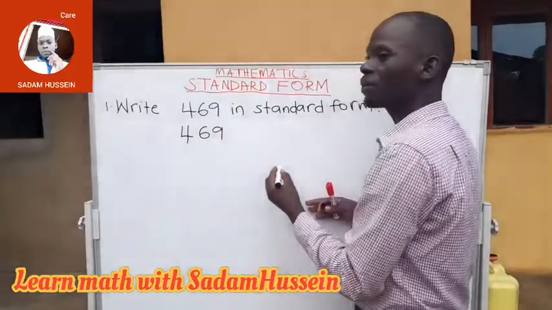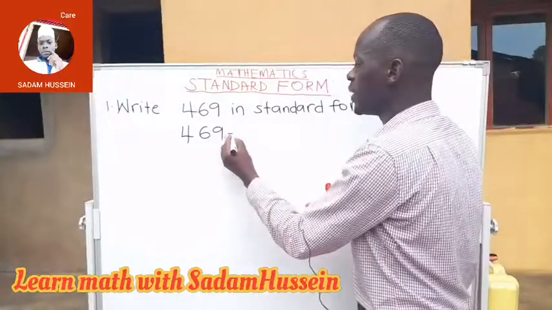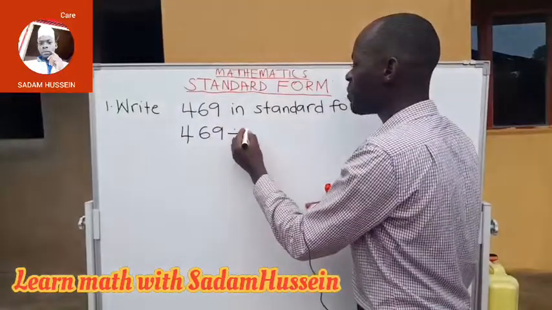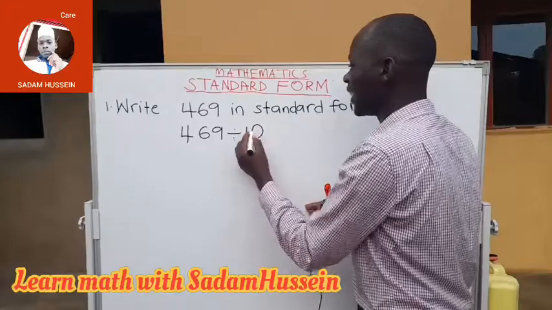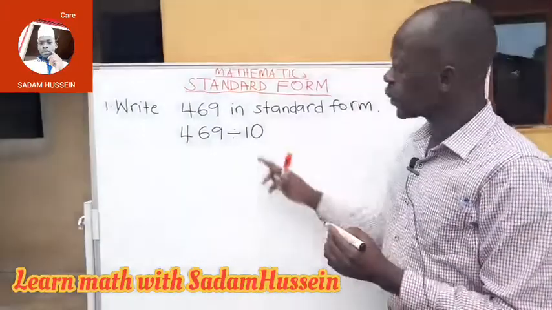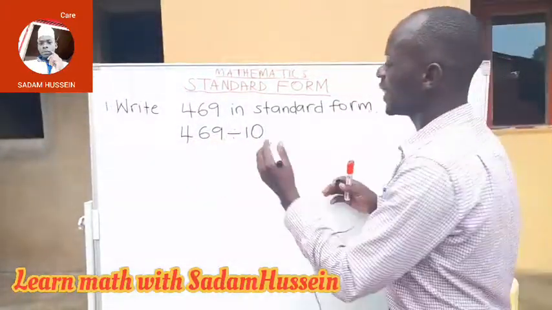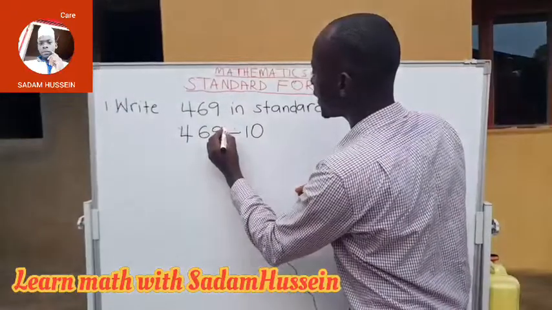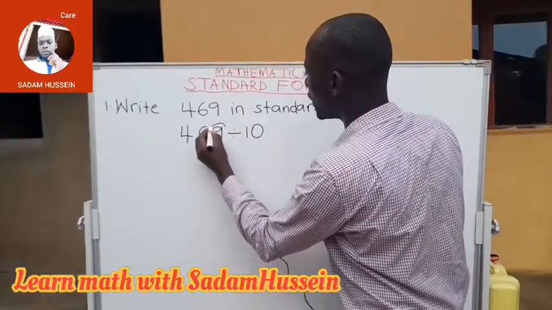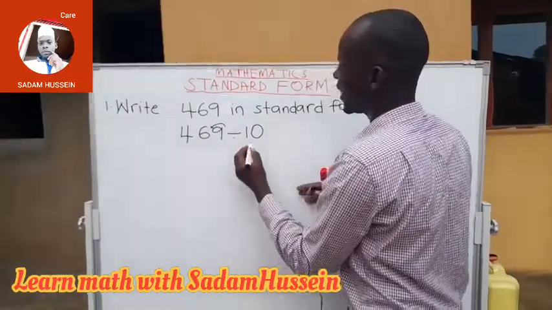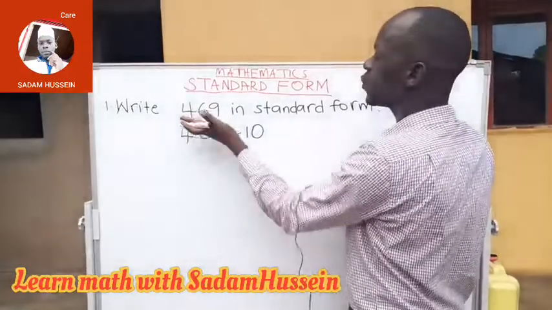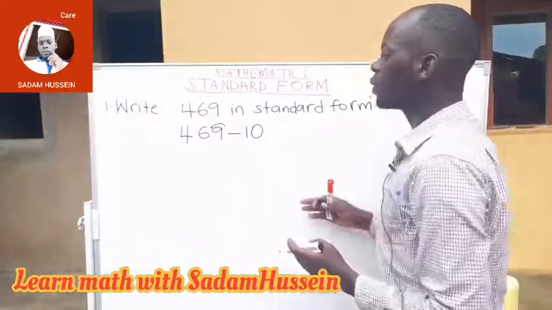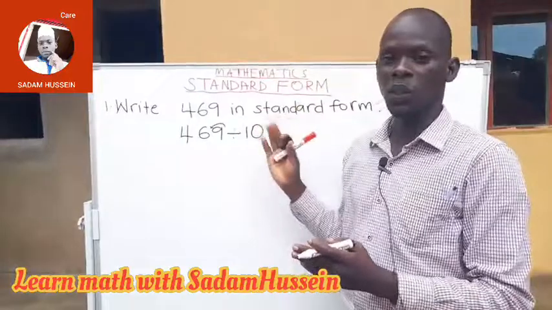We divide by 10. So when you divide 469 by 10, the decimal point will be here. Remember, if a number is a whole number, the decimal point always sits on the right-hand side, though it is invisible.